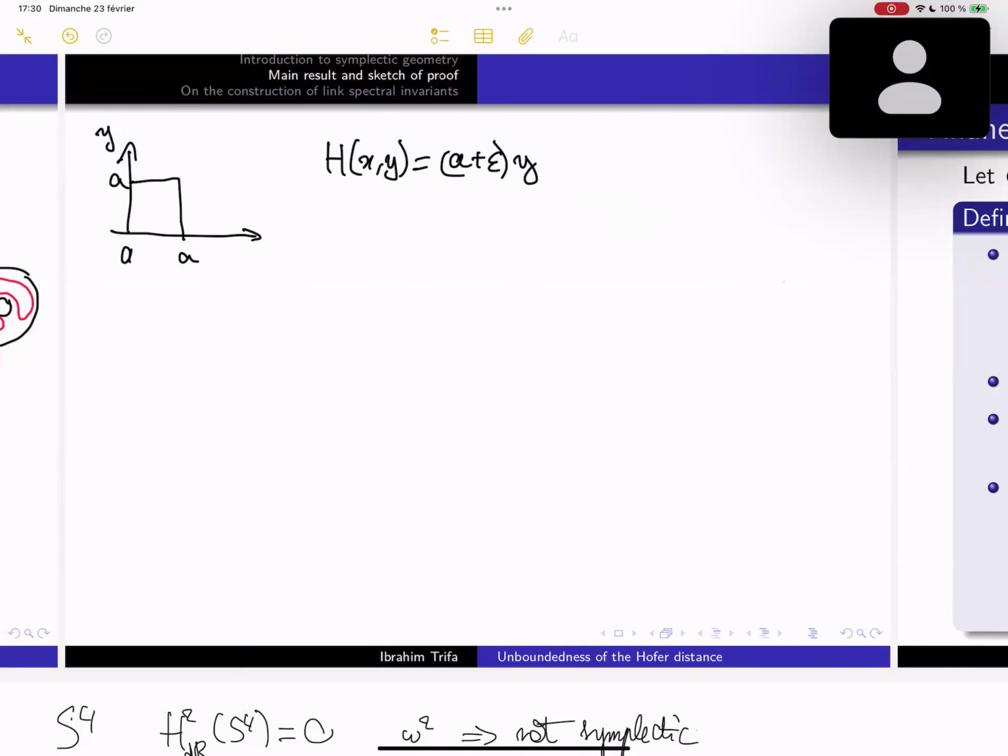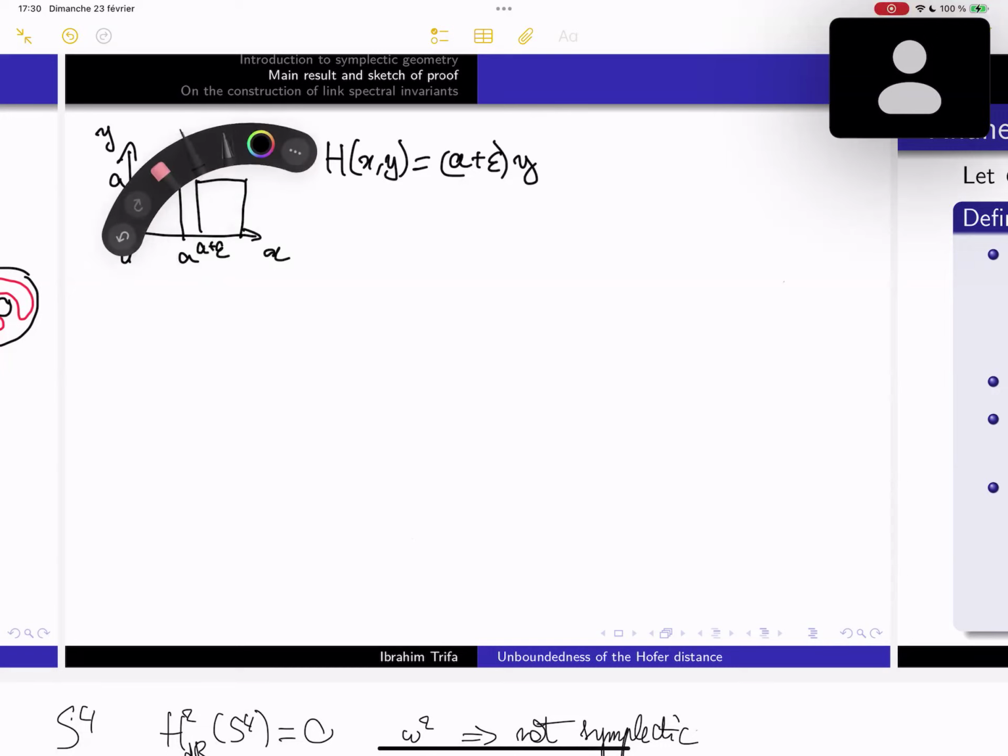Then you can compute the Hamiltonian vector field generated by h, and the flow of this vector field, and you get a Hamiltonian diffeomorphism phi h, which acts as a translation by a plus epsilon in the x direction. So it will map this square to another square on the right that starts at a plus epsilon.